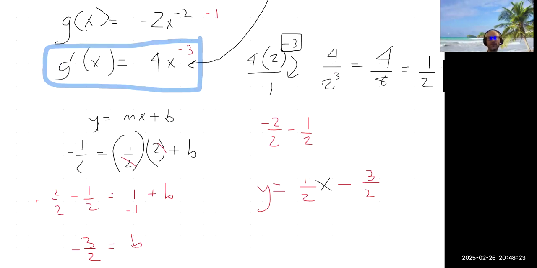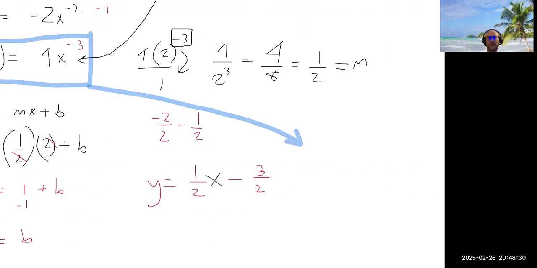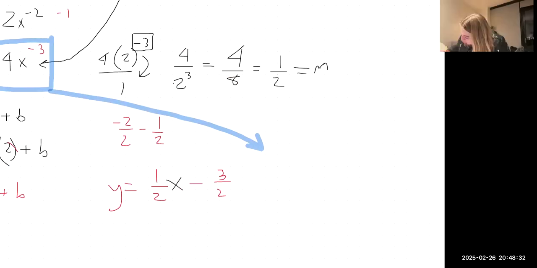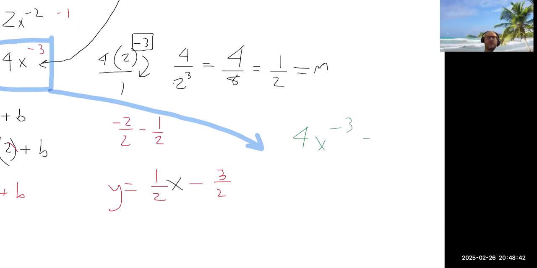So we're going to take this derivative and set it equal to 0. We've already figured out g prime of x equals 4x to the -3. So 4x to the -3 equals 0. I'm going to bring this down so that it's easier for me to conceptualize, converting from a negative exponent into a fraction.